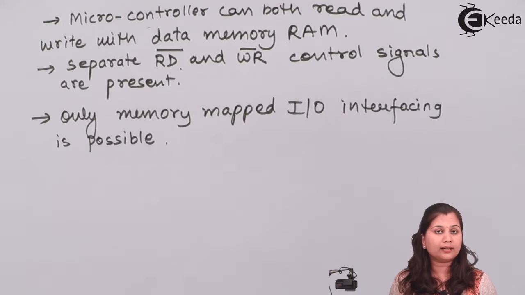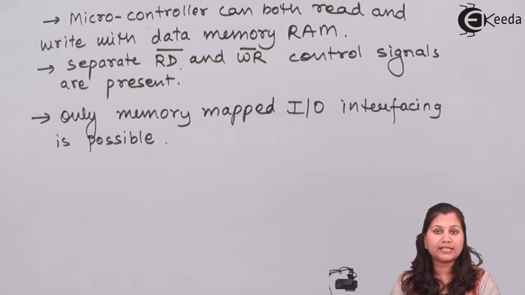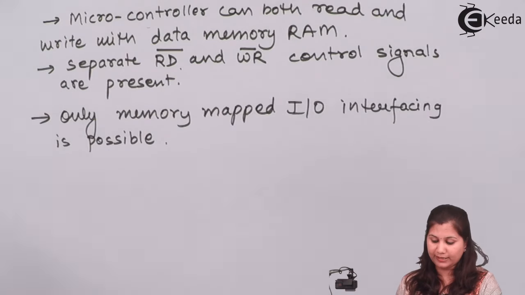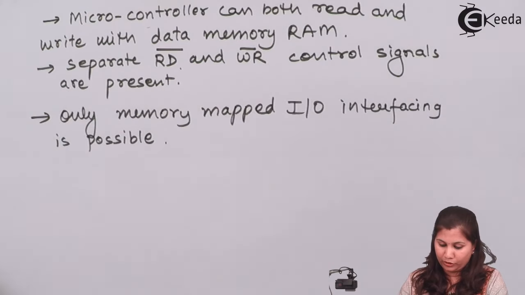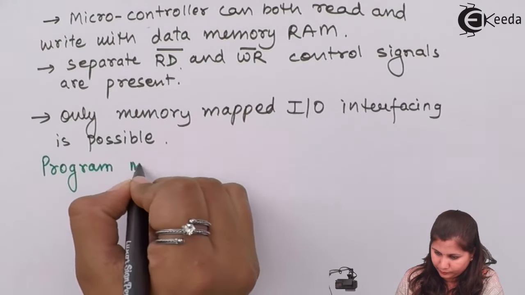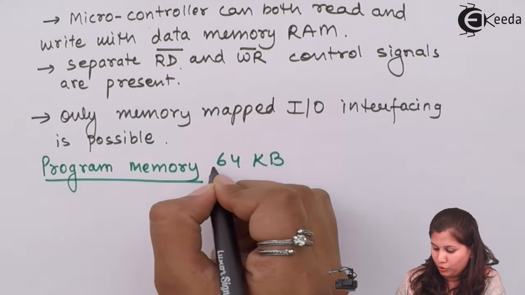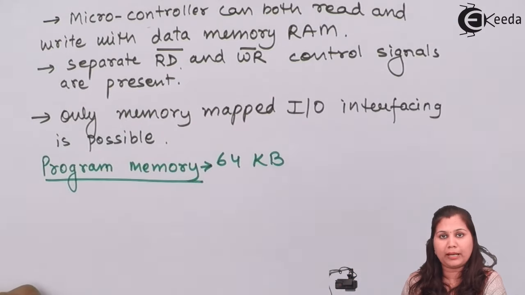Now let us study this program memory in detail, that is, how in 8051 this program memory is divided. We have the program memory as 64 kilobytes, and we have 16-bit registers for addressing this program memory. So 64 kilobytes of program memory is there.